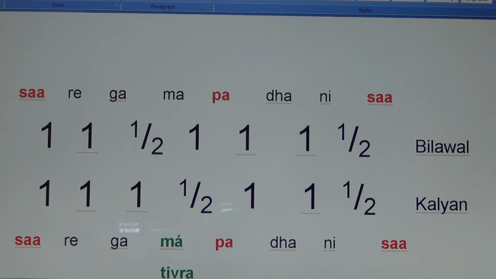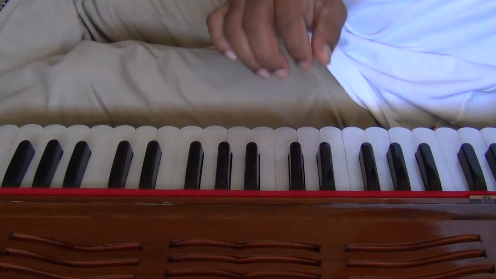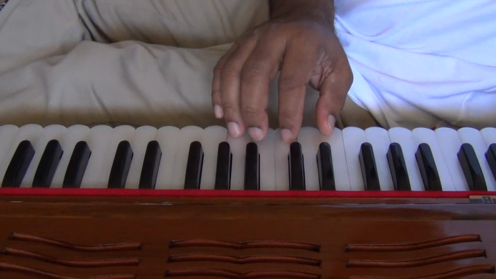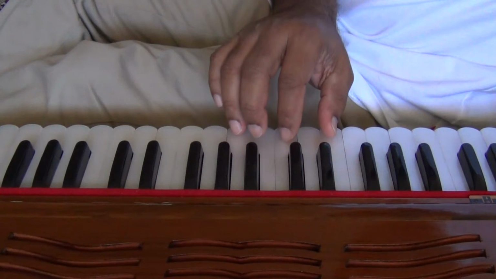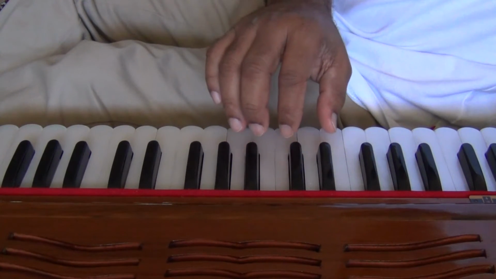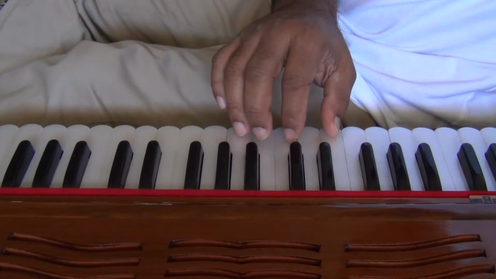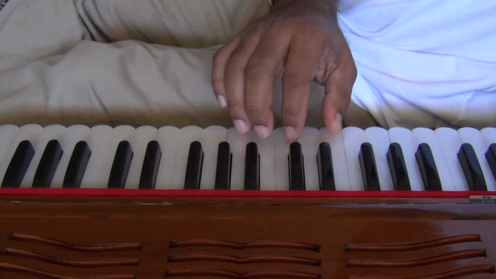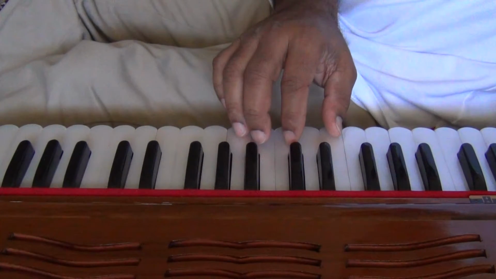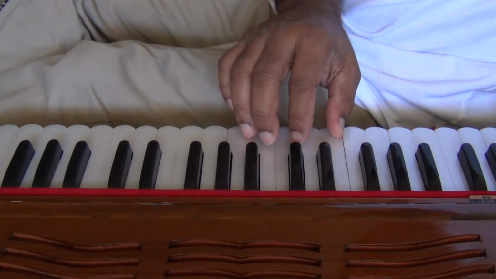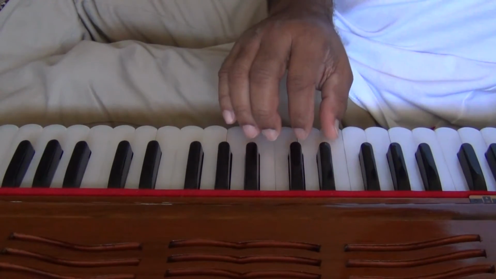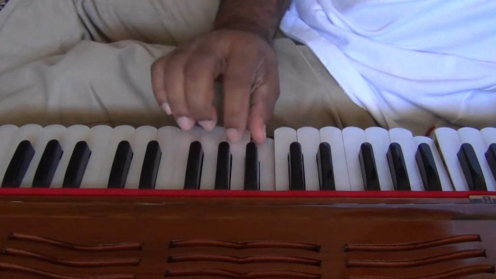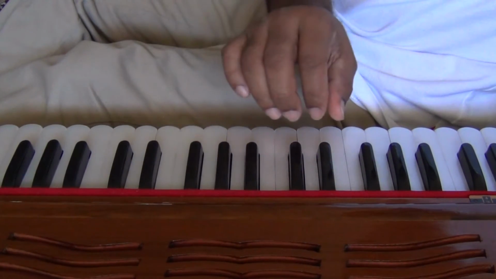So let's take a look now at that on the harmonium. Before we actually look at that Thaat Kalyan, let's just recap a little of what we have done in lessons 401, 402 and 403. I said, in 401 we were talking about Thaat Bilawal, and if we do the C scale, it's the same as the major scale.